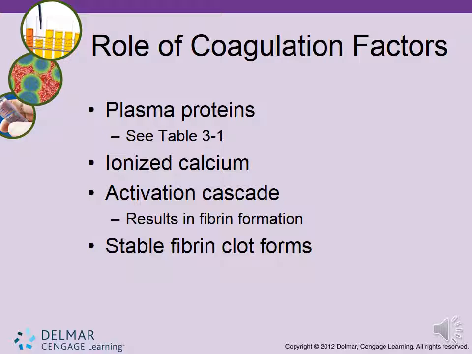So, during secondary hemostasis, it's going to involve the amplification, which means you're going to intensify something, and the propagation, which means that it's proliferating or making more. So, we're going to have large amounts of thrombin needed to make fibrin strands.